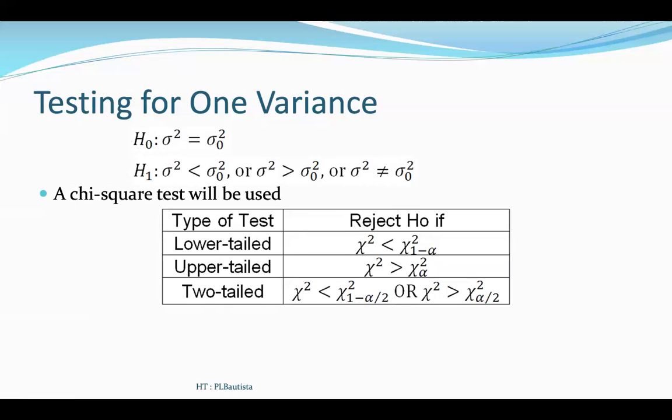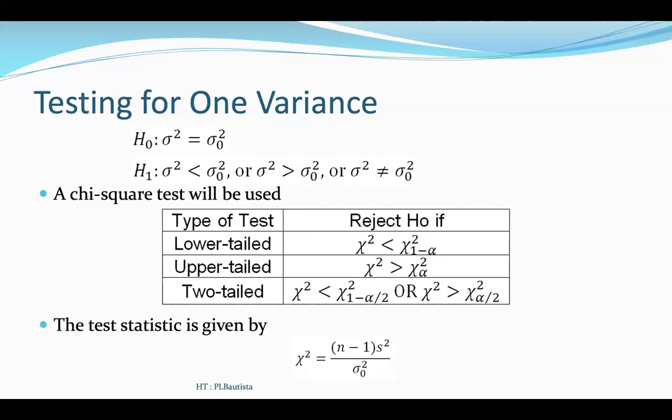For an upper tail test, we reject the null hypothesis if chi-square is greater than chi-square alpha. And if it is a two-tailed test, we will have two criteria. So if chi-square is less than chi-square 1 minus alpha over 2, or if chi-square is greater than chi-square alpha over 2. So the test statistic here is chi-square.